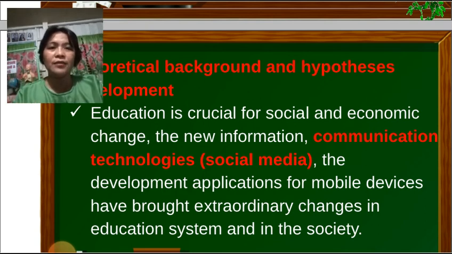Okay, by using the technology or the social media. The example here is the Facebook Messenger. So this Facebook Messenger is used by the teacher and the pupils to communicate with each other to close the gap of the learning process. Okay.